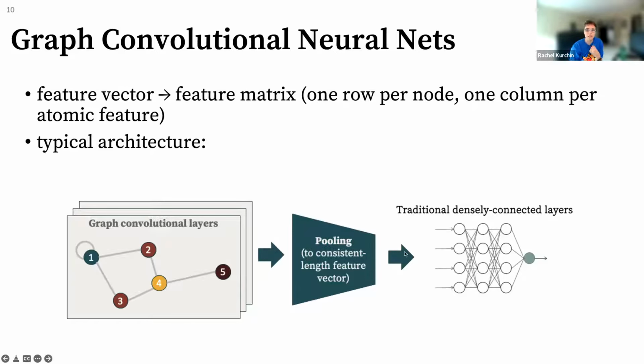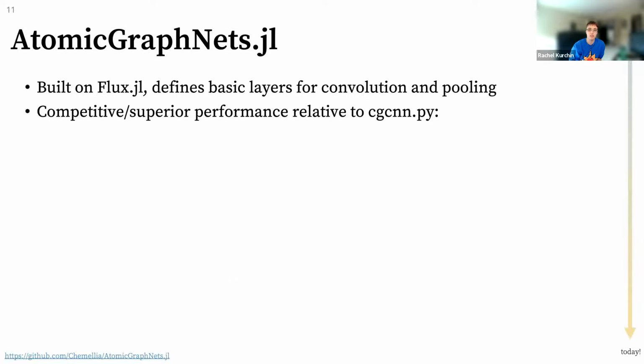So again, as I mentioned, I assigned myself a first project in Julia, which was a re-implementation of what's called crystal graph convolutional neural nets. There was a Python package called cgcnn.py that was the first implementation of these. And I rebuilt it in AtomicGraphNets.jl with a few changes that I'll get to in a moment.